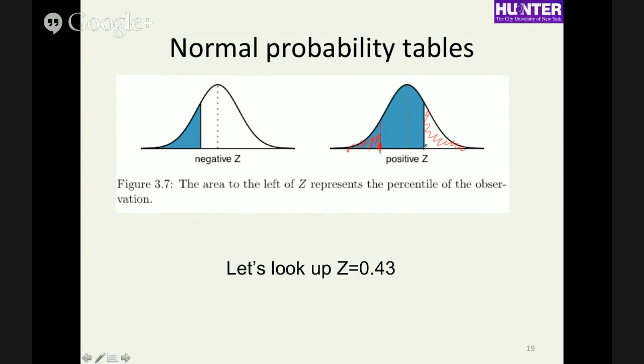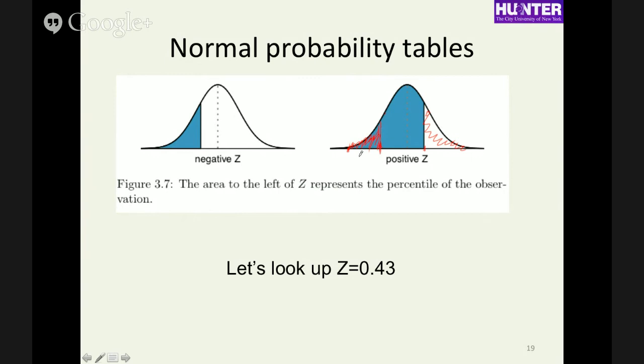So if you were to look up the so-called left tail probability for this positive value of z, and you get what's this shaded area, and you go 1 minus that, then that's the area that's unshaded here, which would be the same as this area on the left.